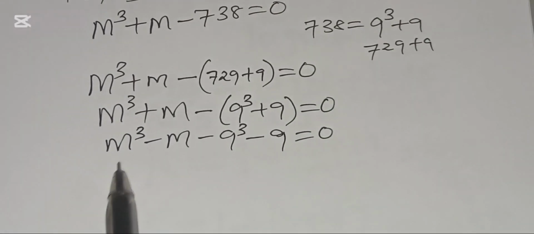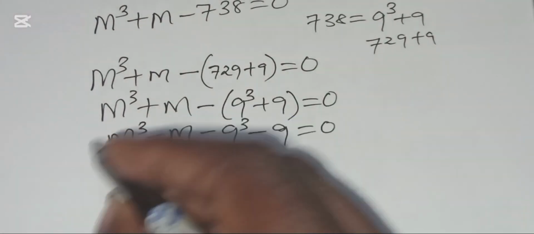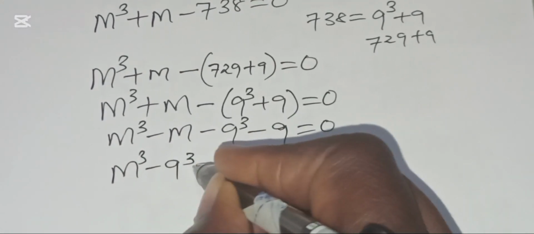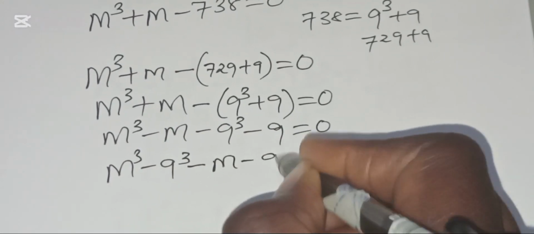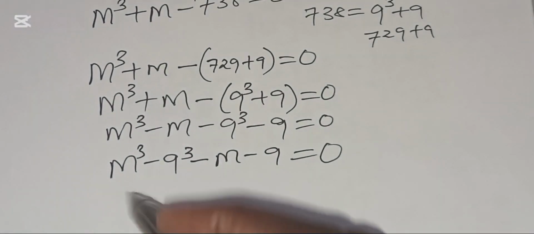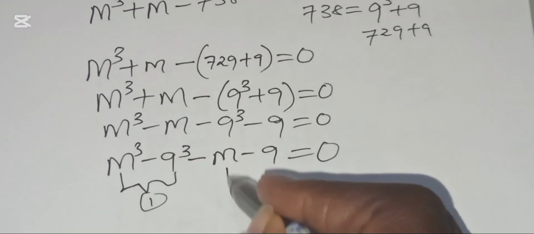Now let's put together m cubed and 9 cubed, because they have the exponent of 3. That is m cubed subtract 9 cubed, plus m subtract 9, equal to 0. So we have two parts, the first part and the second part.